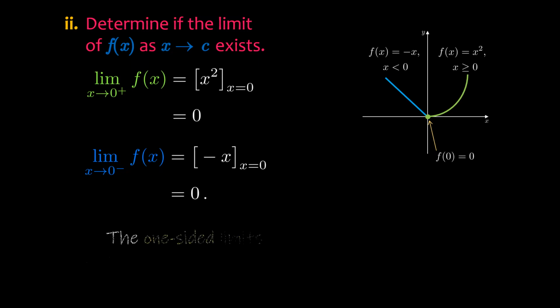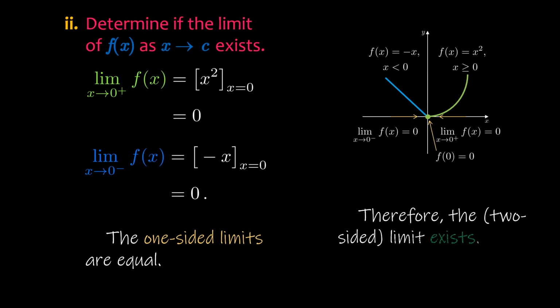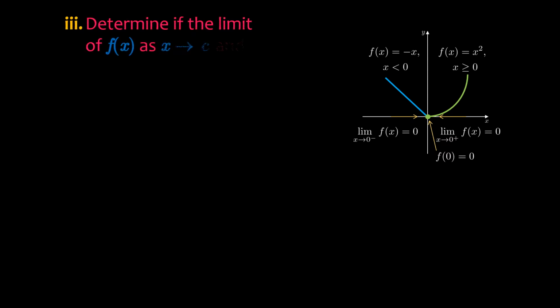The one-sided limits are equal. Please refer to the figure and that the limit of f of x, as x approaches 0, exists, because the one-sided limits are the same. Therefore, the two-sided limit exists, and it is also equal to 0. Third, determine if the limit of f of x, as x approaches c, and f of c are equal.